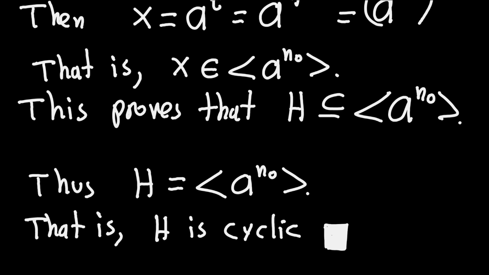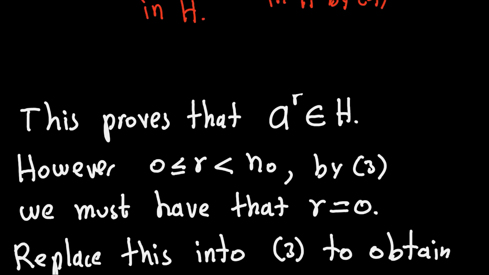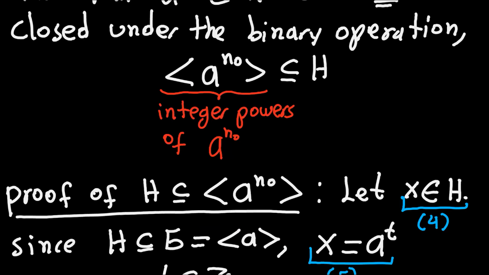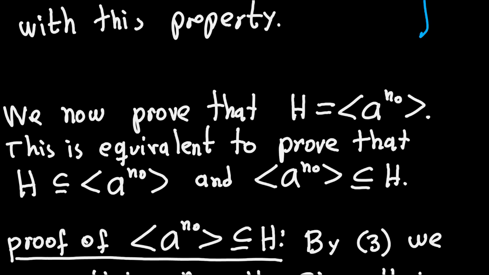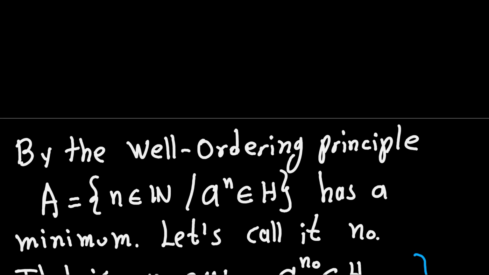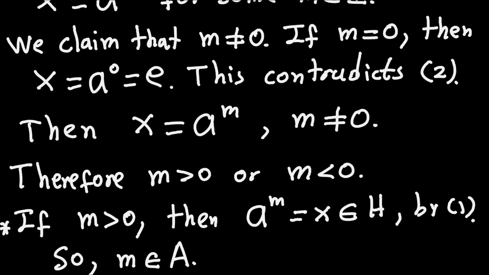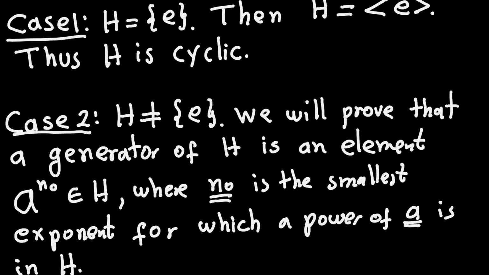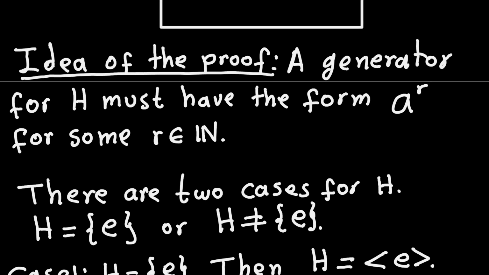Now, I know this proof was a little bit longer, and it involved a couple of things that we used before, the well-ordering principle and the division algorithm. One of the important parts, and let me scroll all the way up to the picture I had at the beginning of the proof, is how you get the generator for H. That's the main part of the proof. That's the main idea. The main idea is how you get the generator.